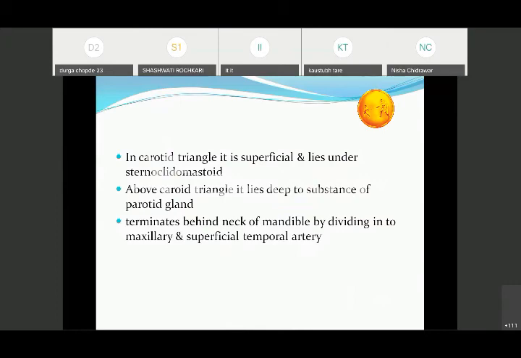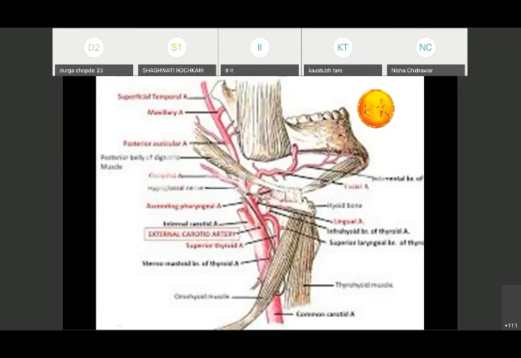So we have seen this artery piercing the parotid gland long back in the lecture on the parotid gland. It terminates behind the neck of the mandible by dividing into its terminal branches, that is the maxillary and superficial temporal artery.